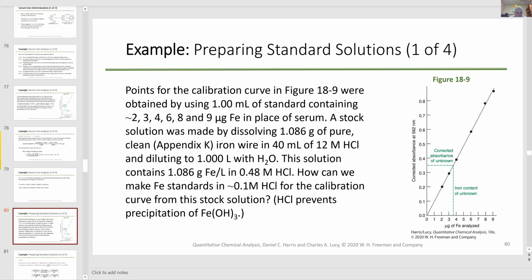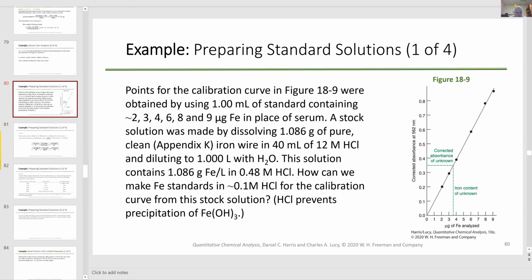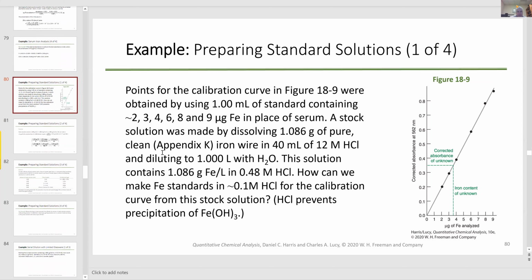Okay, so here's a little piece, I'll just finish with this one here. And this is a little unit on preparing standard solutions.